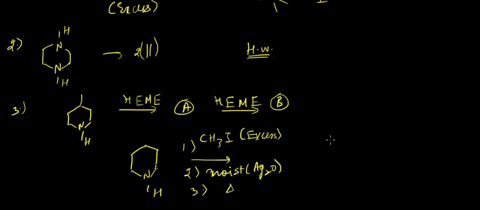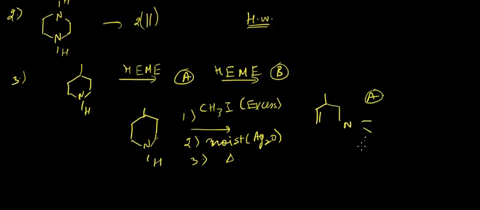So what we'll be getting is something like, oh, I missed this. So we'll be getting something like this, and this would be A compound. And again if we pass it through HEME, again all these reagents, we will be getting something like this. This will be our B compound.